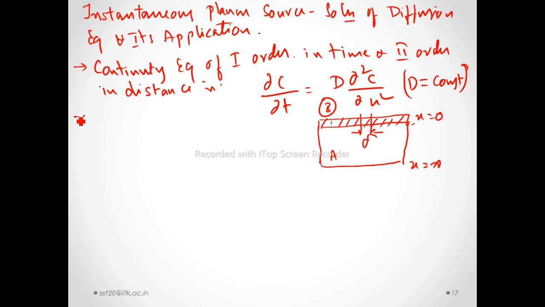And next, the initial condition. Initially, there is no dopant on the surface of A. That means the initial concentration of B is 0.